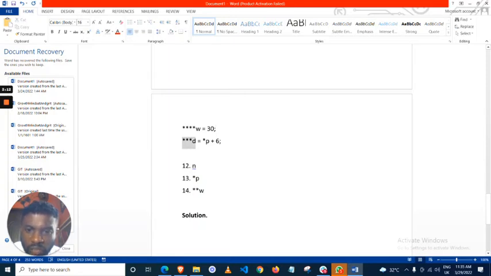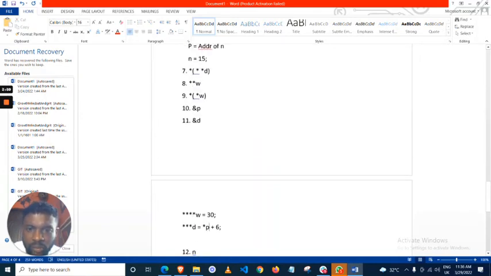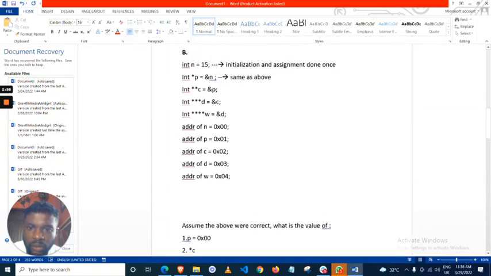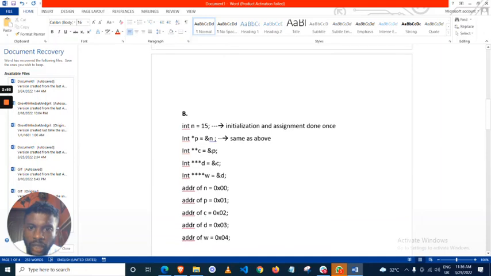Okay, now over to this place. I also dereferenced D. I said pointer D is equal to pointer P plus 6. Ask yourself, what is pointer P? From here, as you can see, pointer P holds the address here.